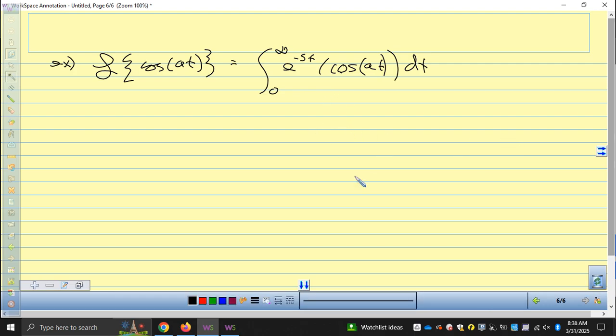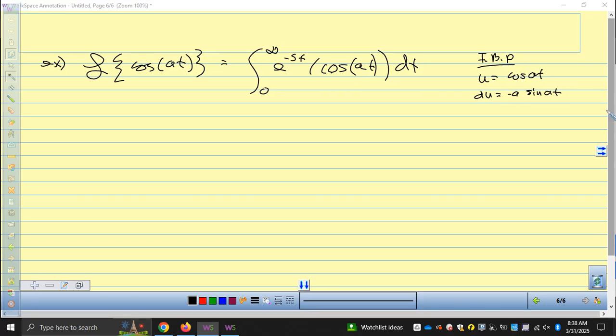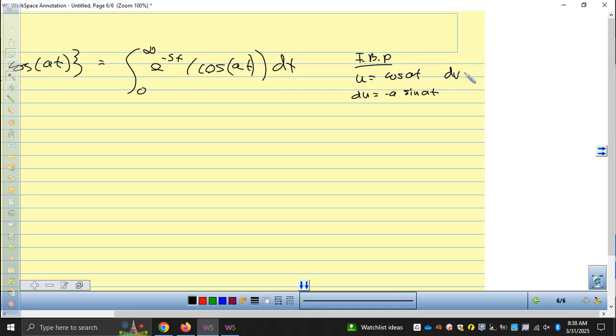And if we think back to doing integration by parts on a function like this, we might remember what happens here, so kind of preparing in our minds for that. For integration by parts, I'm going to let u equal cosine at. So du is negative a sine at. dv is e to the minus st, and v is negative 1 over s e to the minus st.